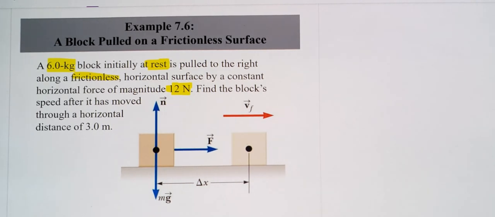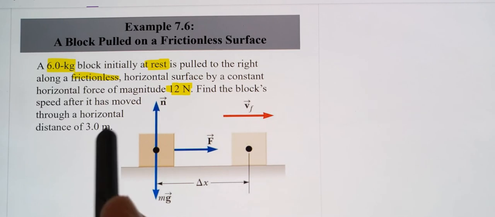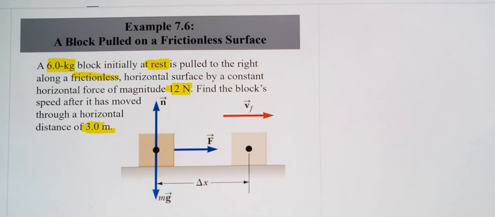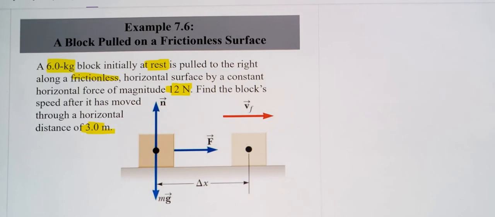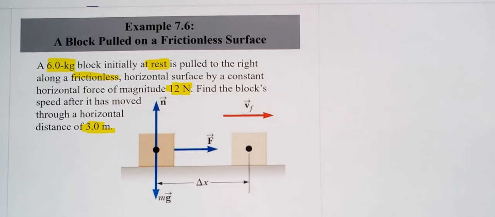Now a lot of students will say, okay, we have the force, we have the mass, let's find the acceleration, ya Ustad, and we have the distance. So after we find the acceleration, we can find V final. I will tell you, yes, it will give the same exact result, but be careful. When I give you this kind of problem, I will write a small line that says solve this problem using the energy concept.